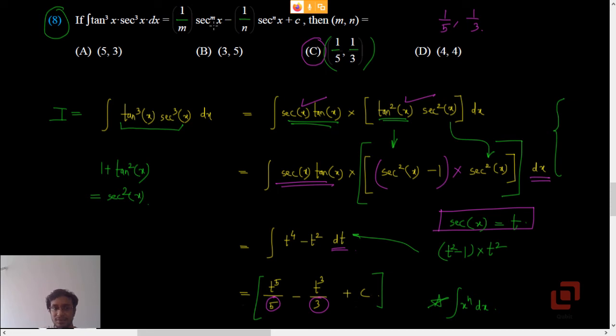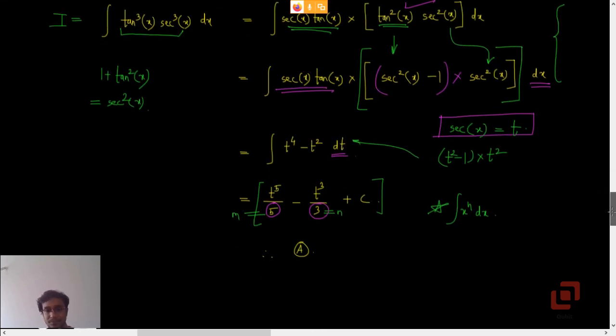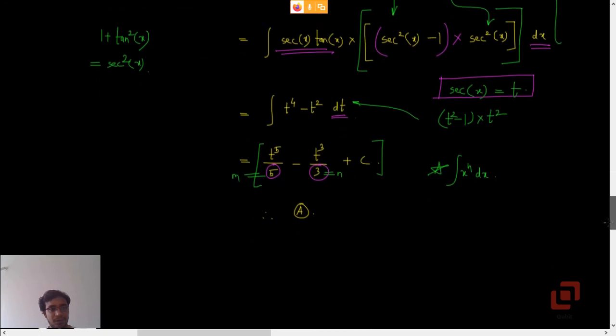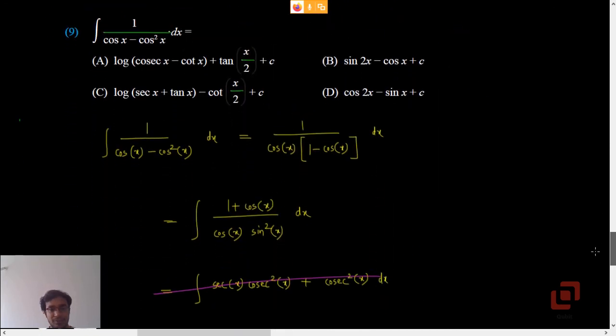But is that the case? No, that's not the case. So m is 5 and n is 3, so option A. Okay, that's it for 8th. Let's now go to 9th MCQ.